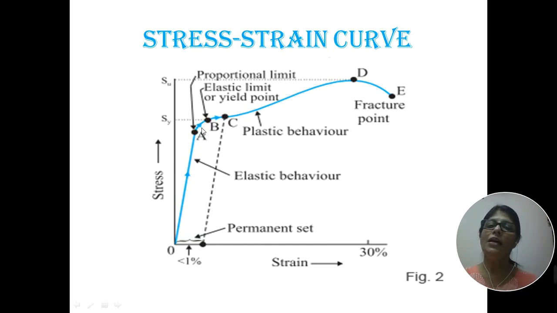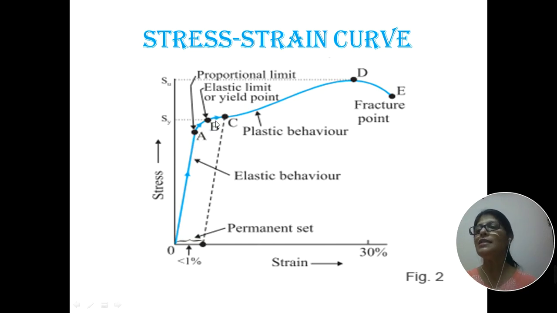Then the slope of the straight line represents the modulus of elasticity. Now the area below the modulus of elasticity within the elastic range is the resilience of the material. We will be discussing each point thoroughly later on.